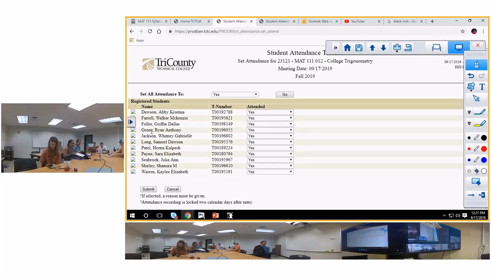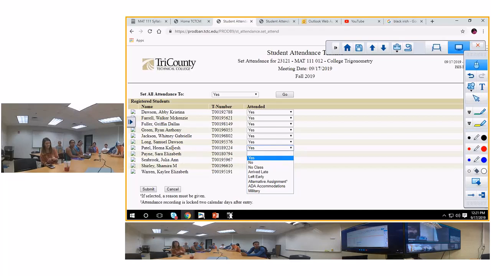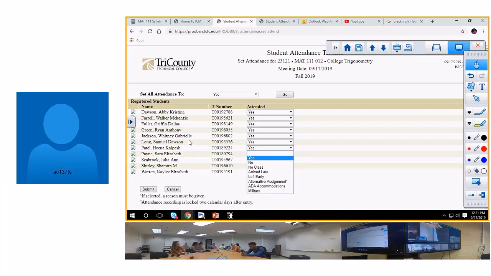Fuller, here. Green, don't leave yet. Jackson, here. Long, here. Patel. No Patel. No, she's saying here. Her voice is hoarse. Well, she needs to bang on the desk. No, I'm just kidding. Miss Patel is here. Payne. Not here. Seabrook. Not here. That's it.